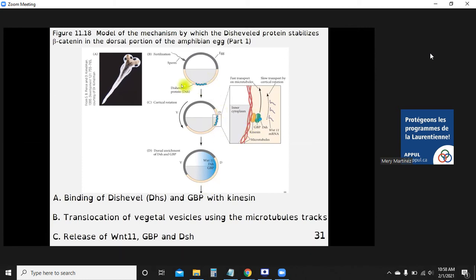Yeah, initially it is in the vegetal hemisphere, but as soon as the sperm gets in and we have the 30 degree rotation, they get in here into the microtubules and get rotated and pass through that section of the dorsal side. This is ventral, this is dorsal. Yeah, I pretty much got the rest. I'll add the microtubules now. Thank you. Yeah, exactly.